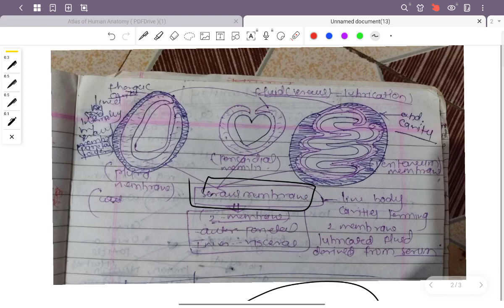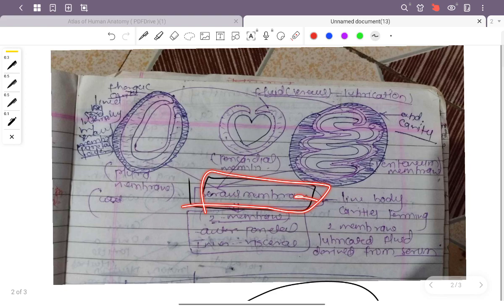In the abdomen we have lots of organs like the large intestine, the small intestine, and others. That whole set of organs is covered by a membrane, which we consider the peritoneal membrane. It also has that fluid, and the function is the same, to protect the internal organs.